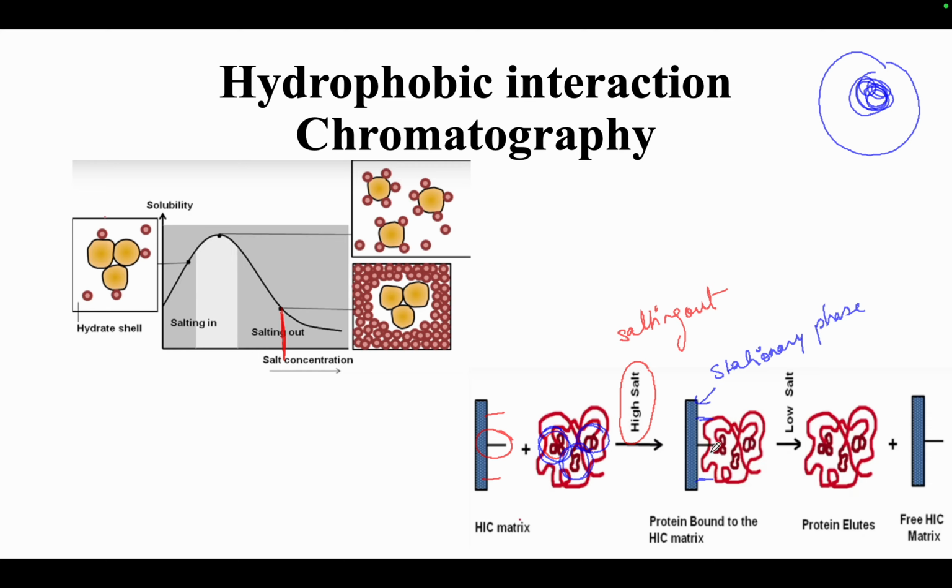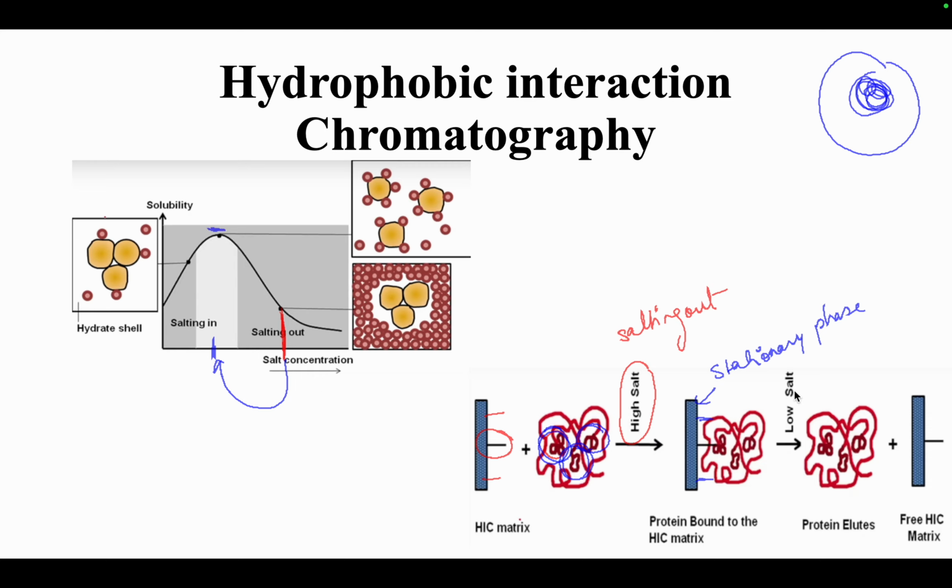Now after these protein molecules are bound to the stationary phase, we'll add a low salt. We can decrease the salt concentration from here to here. Now here the solubility is the highest.